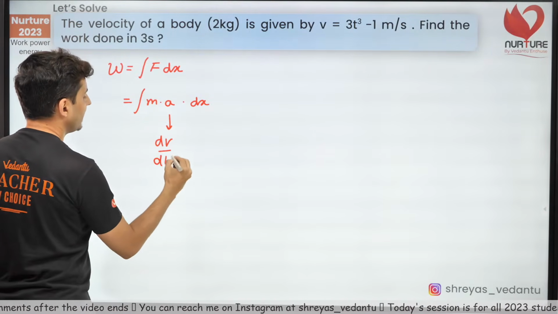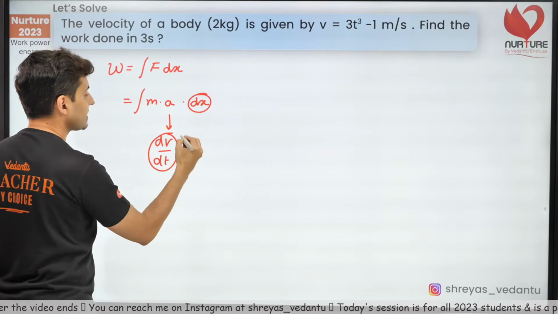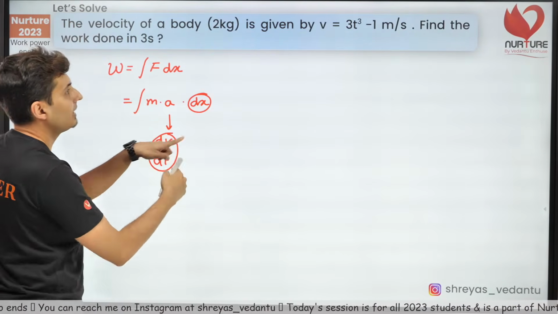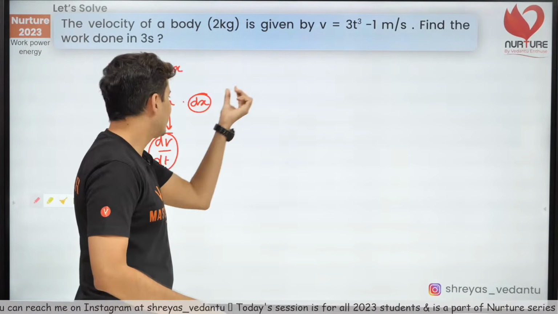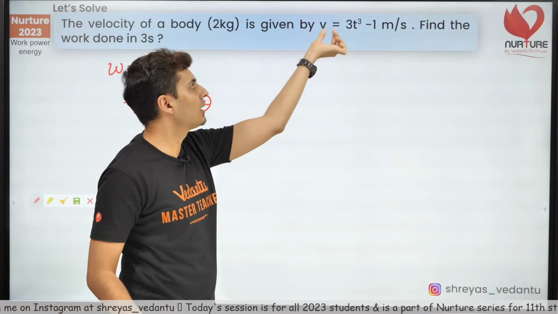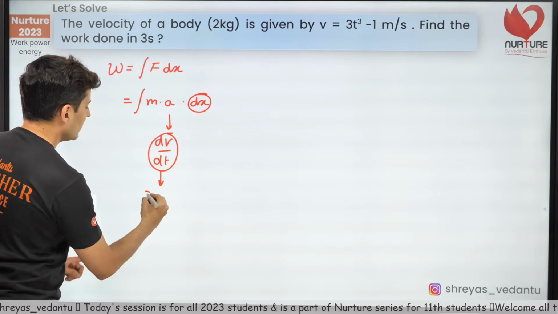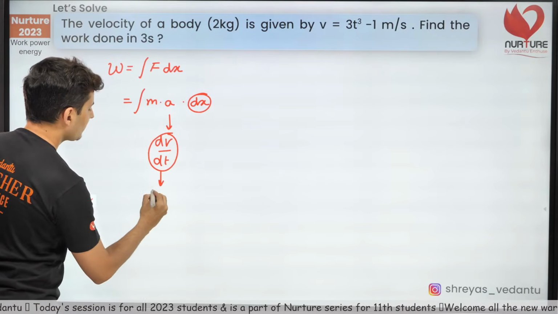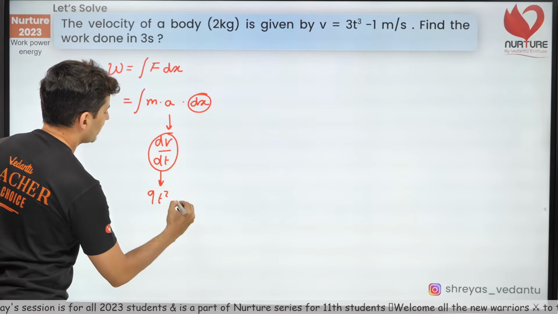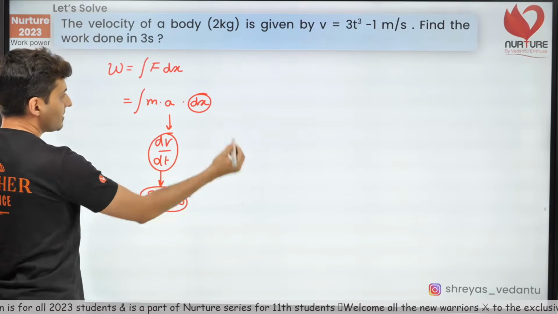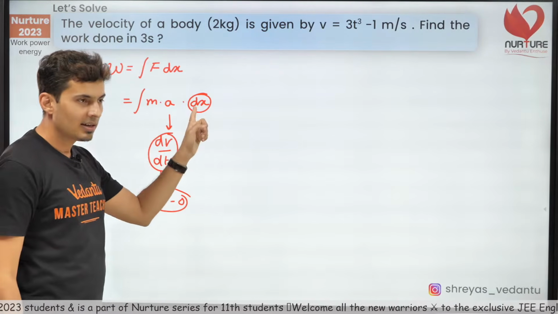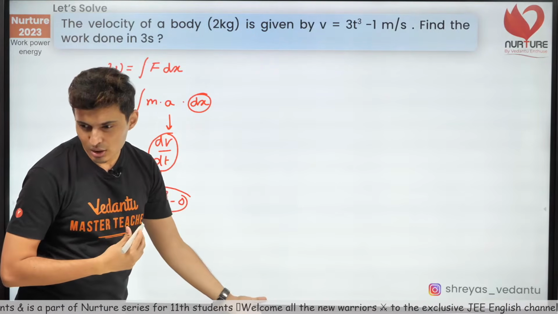Okay, fine, we'll get dv by dt, but this is dx. You cannot integrate a time function with a dx. Whatever you get, dv by dt might come out to be 3 into 3, which is 9t square minus 0. You cannot integrate this with dx. Then you need to do some transformation.